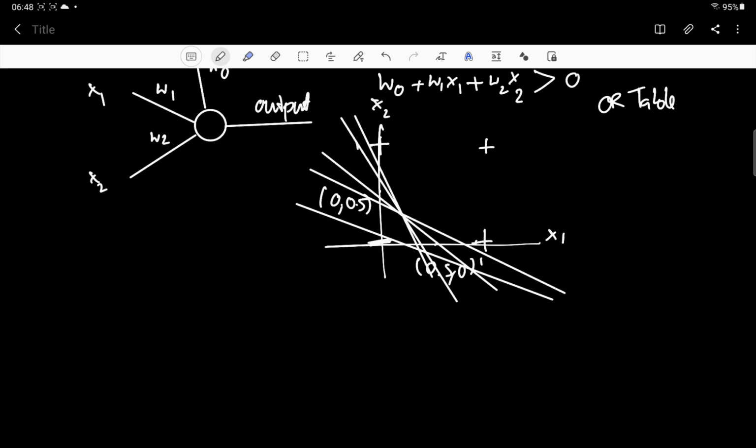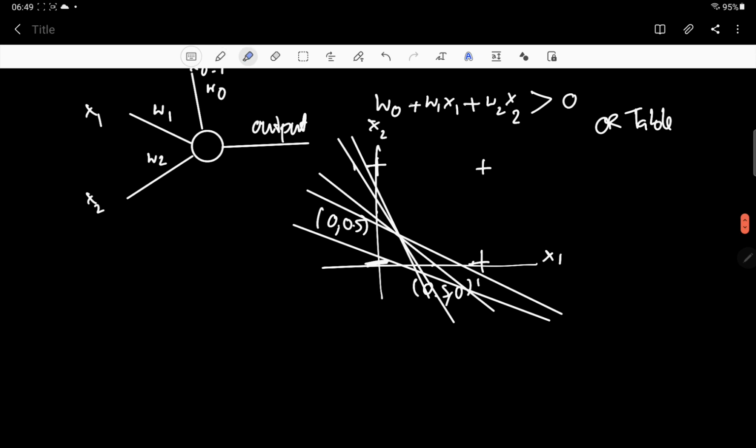And where are they? In this case, you need 3 parameters to be trained. The 3 parameters are w0, w1, and w2.